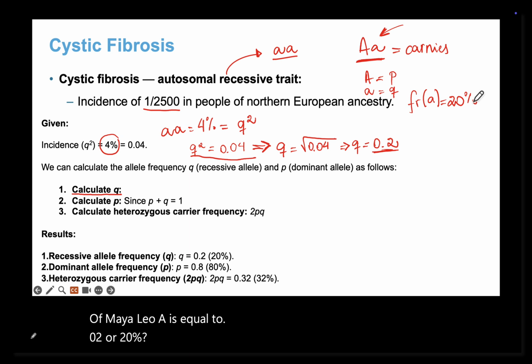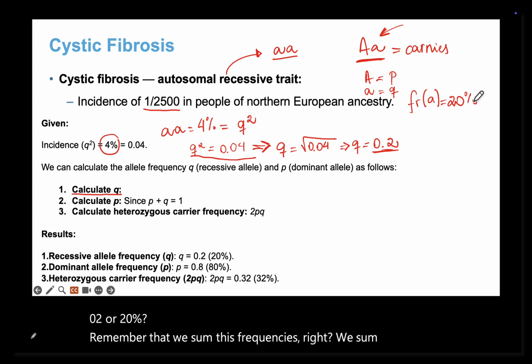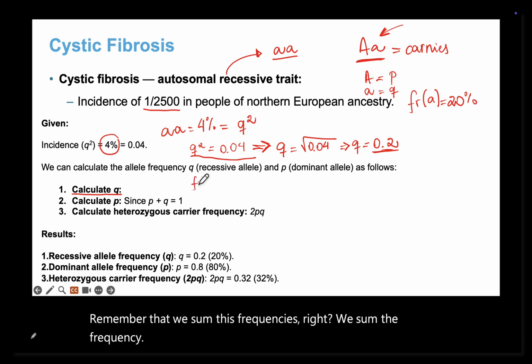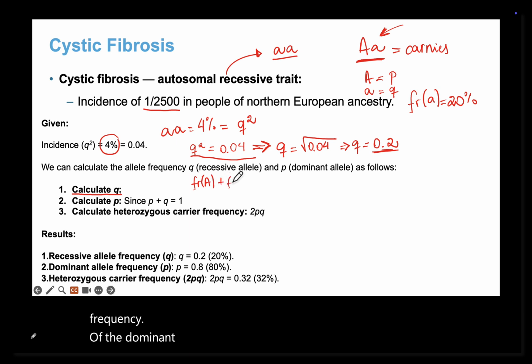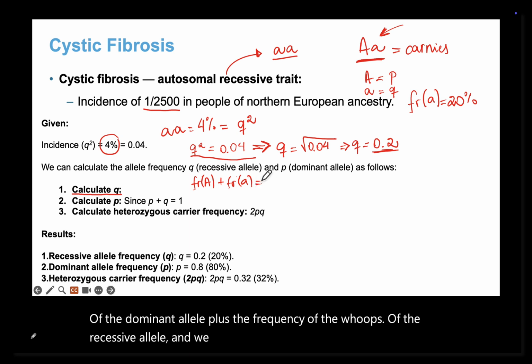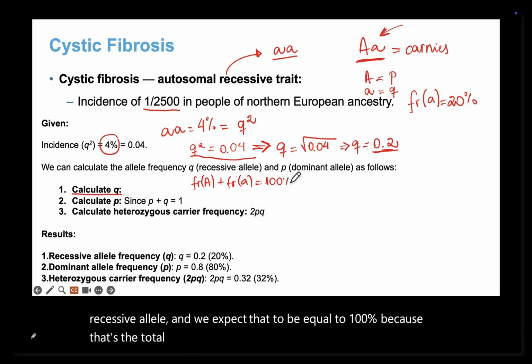Remember that we sum these frequencies, right? We sum the frequency of the dominant allele plus the frequency of the recessive allele, and we expect that to be equal to 100% because that's the total number of alleles in that population.